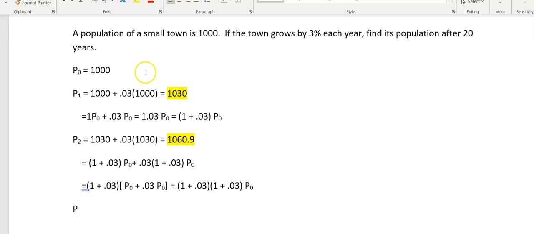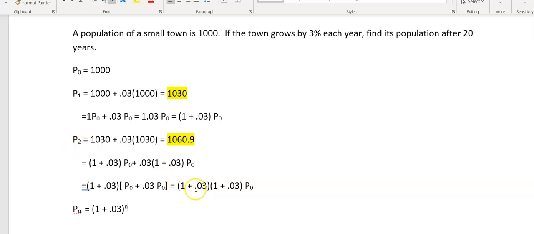Our nth formula, p sub n: we are going to multiply 1 plus 0.03 n times, so that's really the nth power. Notice this was 2 times for p sub 2.